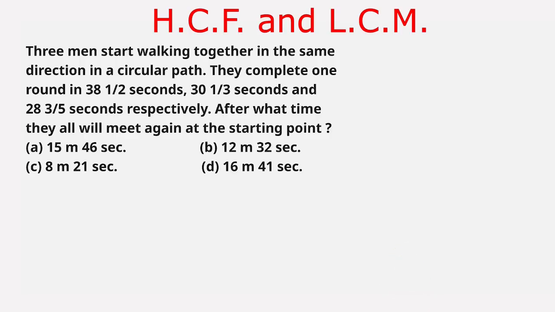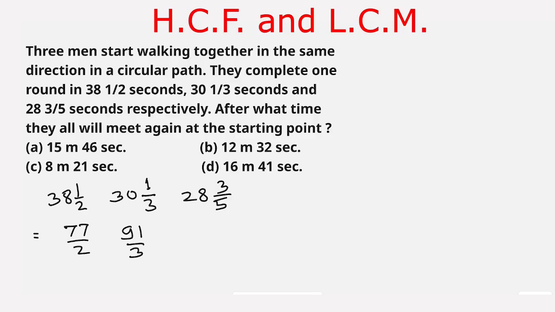We have to find the LCM of 38.5 seconds, 30 and 1 upon 3 seconds, and 28 and 3 upon 5 seconds. And this is equal to 38 whole and 1 upon 2 is 77 upon 2. 30 whole and 1 upon 3 is 91 upon 3.